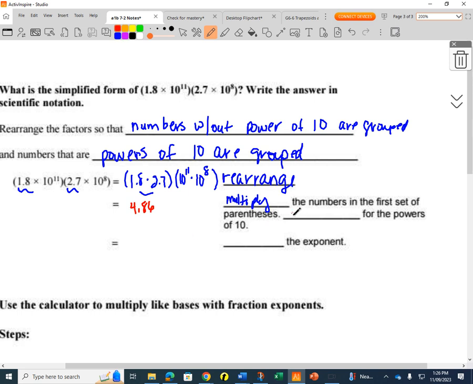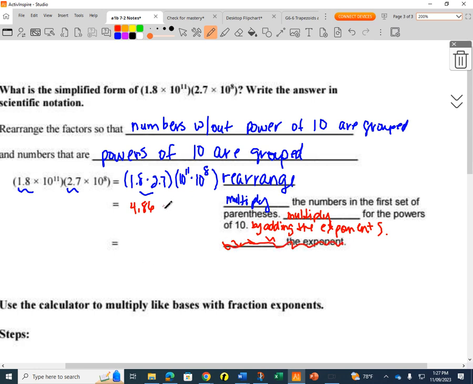Now we're going to multiply the powers of 10 by adding the exponents.